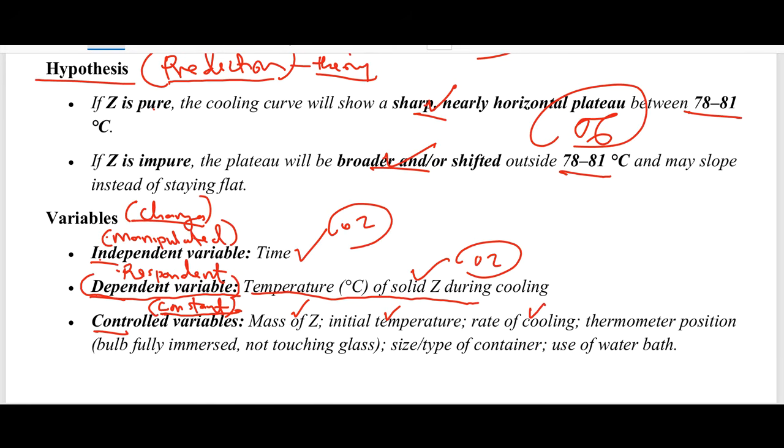Rate of cooling, thermometer position, size, or the type of container. So it has all these, we keep them constant. We don't change them. So those ones are the ones which are giving us the constant variable, or what we are calling the controlled variable. So you get all here, also you get the 6 scores under the variables.